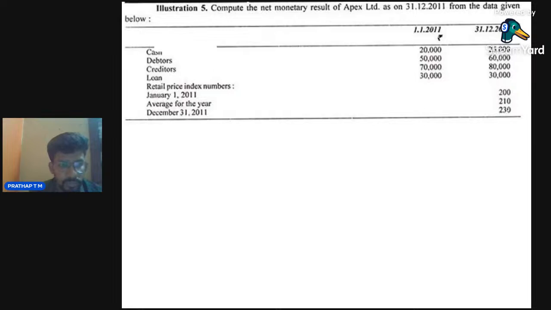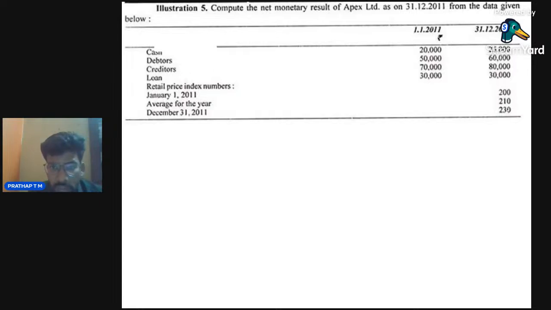Different information is given, along with the year 2022. We can take 2022, 2023, no issue, any year, but the index value is very important. 20,000, 50,000, 70,000, 30,000. Right? These are the information which they have given.